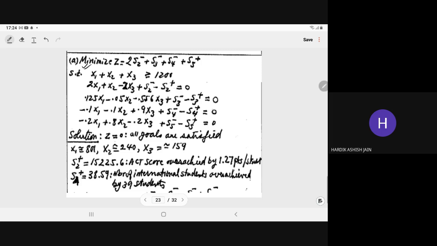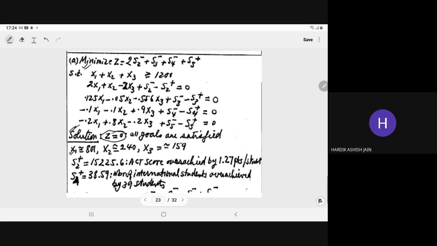After applying the simplex method, I'm not giving the table, you can use TORA. Just to understand the solution: Z is equal to 0. Z equal to 0 means all goals are satisfied. And x1 is equal to 801.